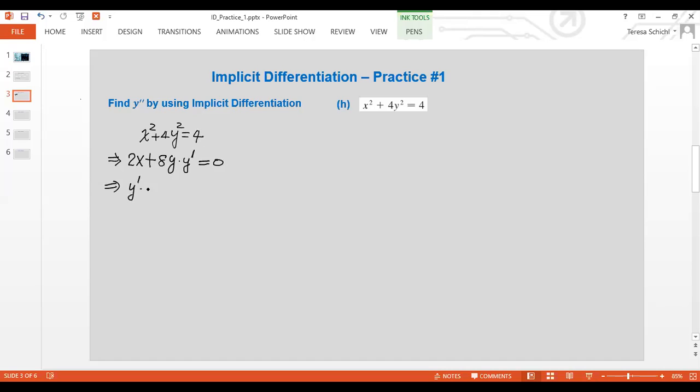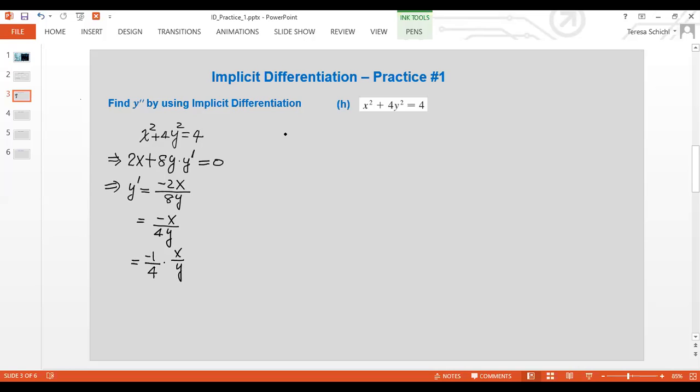The y prime will be equal to negative 2x over 8y, correct? Then I can simplify it to negative x over 4y. Moving the negative 1 over the 4, this is x over y. I just want to simplify when I take the derivative.